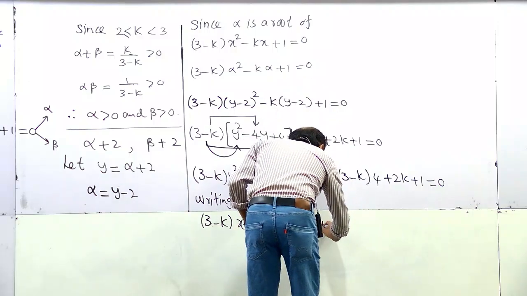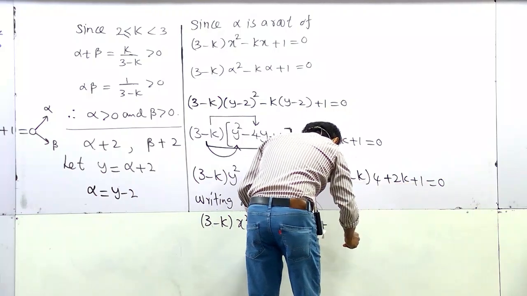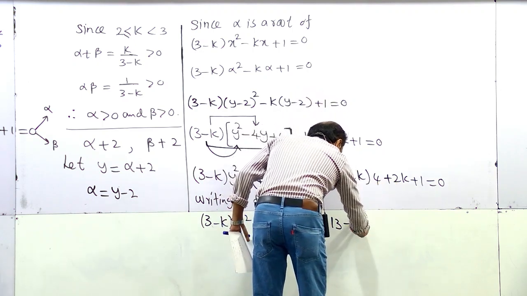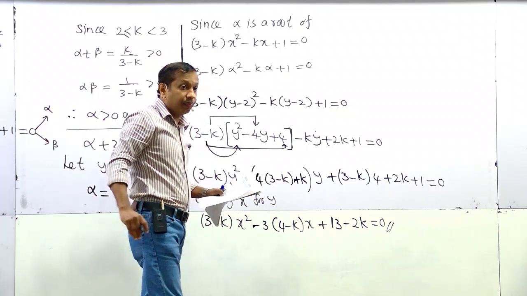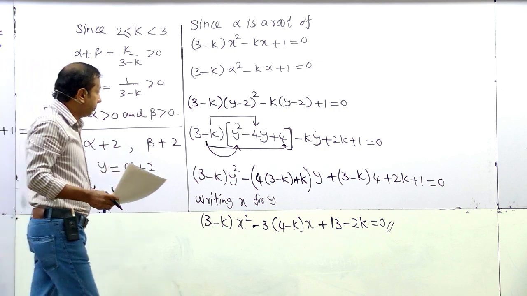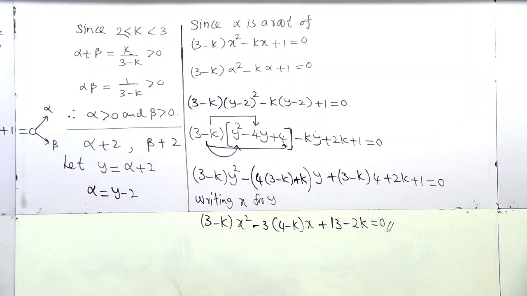Now simplify here: 4 and 3 is 12, and 1, 13. Then we get 13. And here minus 4k plus 2k is minus 2k equals 0. This is the answer. Now go to part B.